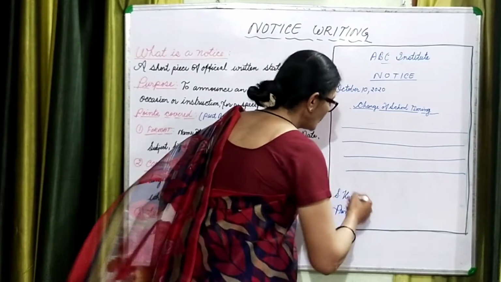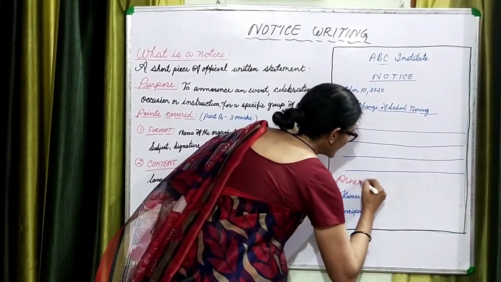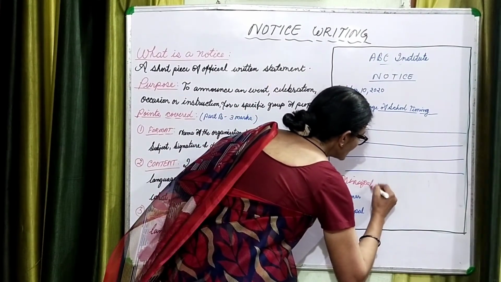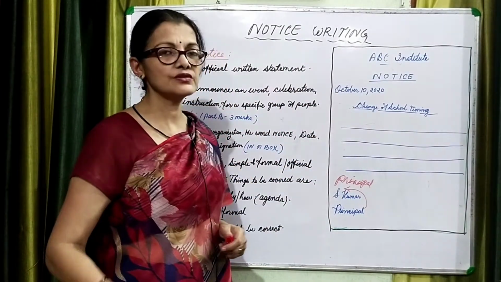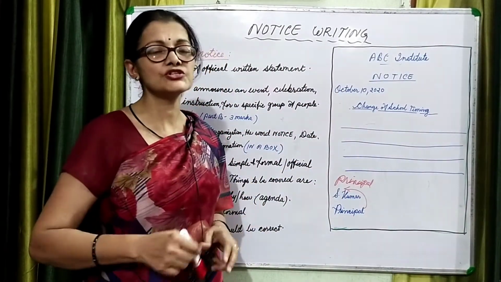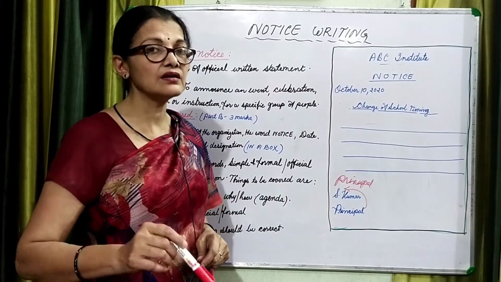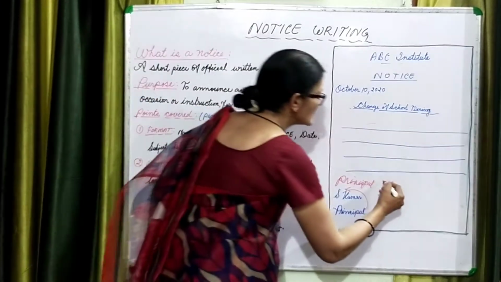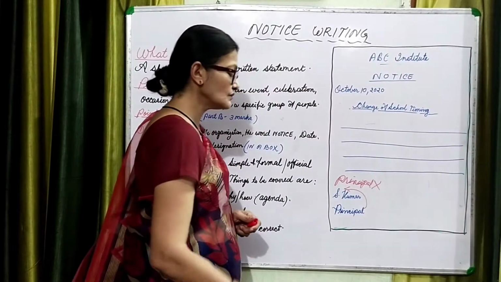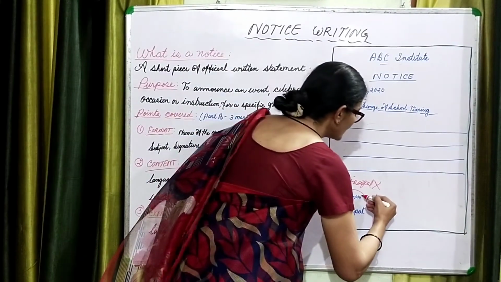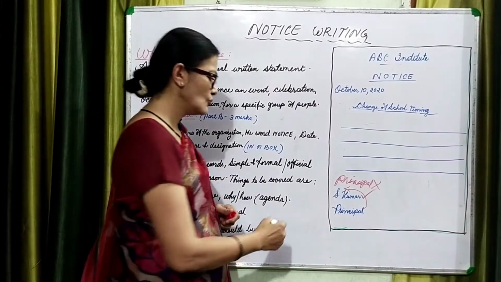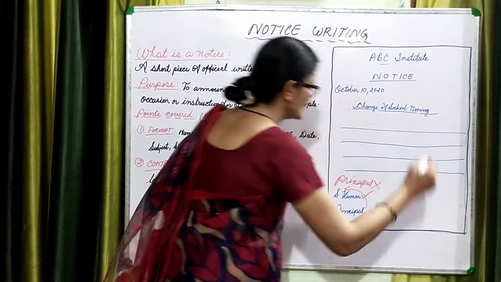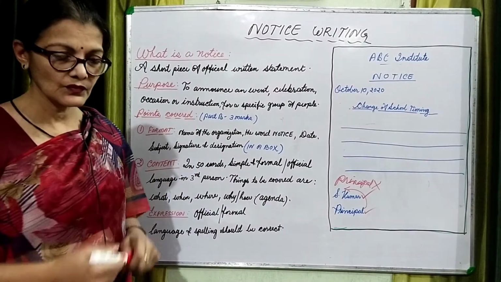If you write the principal first and then S. Kumar, mentioning the name below the position, that is incorrect. Children, this is incorrect. The correct format is that the name of the person should come first, followed by his position.